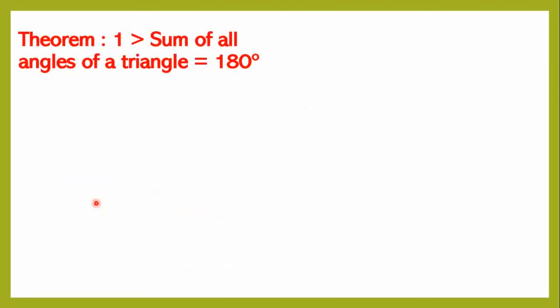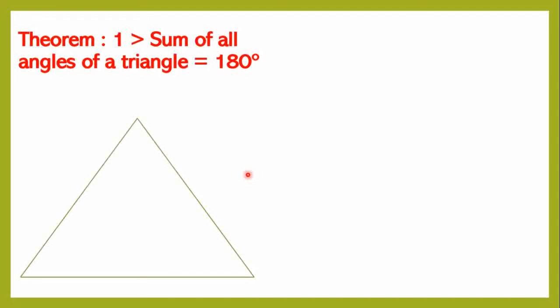Now we will discuss one theorem which says that the sum of all angles of a triangle is equal to 180 degrees. We already know that when we add all the angles of the triangle, it comes equal to 180 degrees. So now we will try to prove that same, right? So let's say we have a triangle which is named ABC.